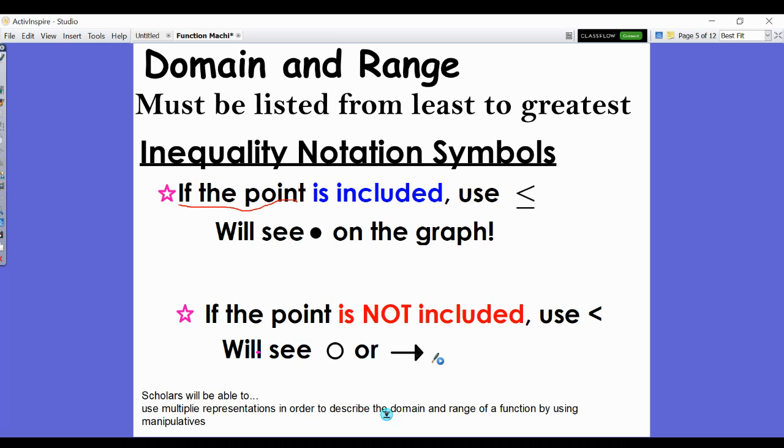It's really just a regular circle. We call it an open circle because that means that space is kind of left open. If we try to put our number into the function, it's not going to work. We're going to get an error message. So think of it as that number just fell through my graph because there's a legitimate hole in my graph.